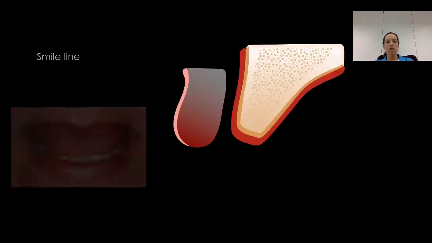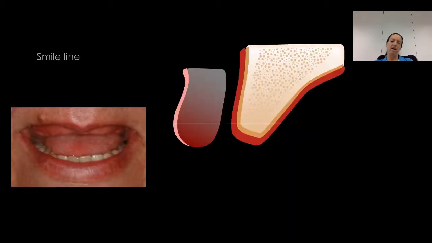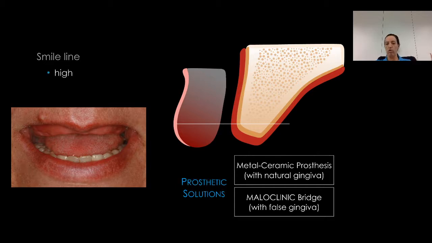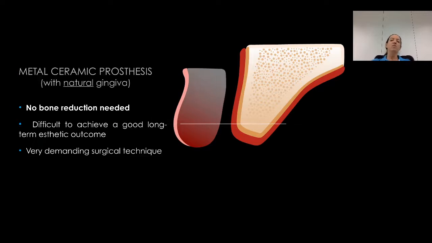So if I have a high smile line, basically I have two possibilities of rehabilitation. Either I go with the traditional protocol using a metal ceramic prosthesis with the natural gingiva of the patient, or I go for a Malaclinic bridge with false gingiva. If I go with the metal ceramic approach, of course I do not need any bone reduction, but it's difficult to achieve a good long-term aesthetic outcome.